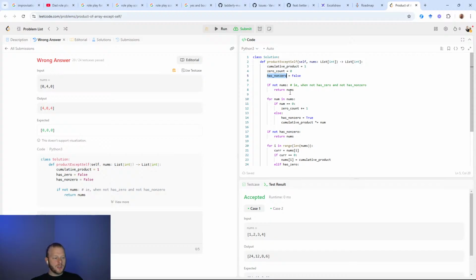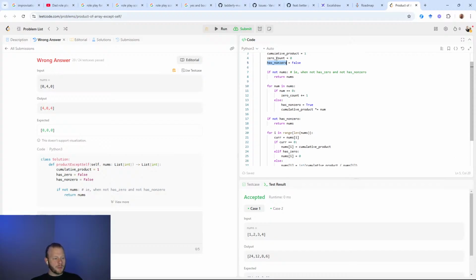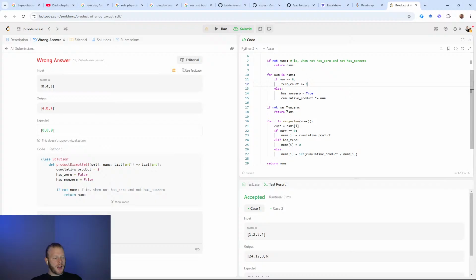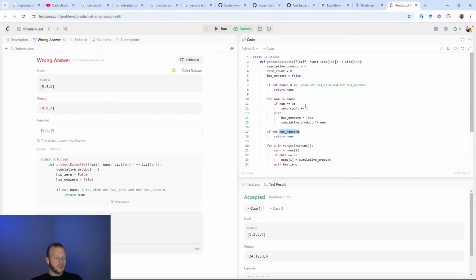For consistency, you might make that a non-zero count, but it doesn't really matter. The 0 count is what matters. Plus equals 1. So if has non-zero, what I should say is if non-zero count.